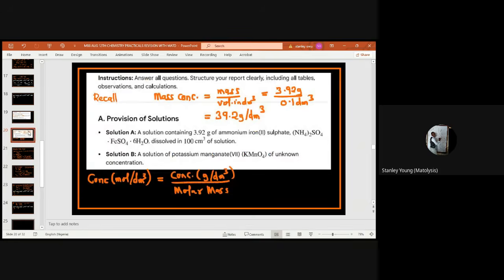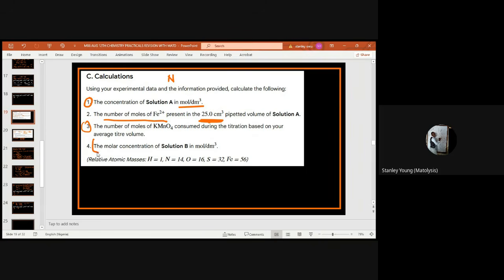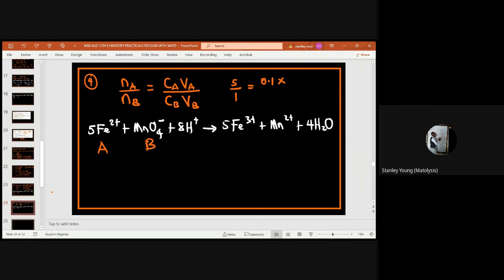Or you can go back to the question. Yeah, volume of A was the volume of the pipette. This was 25, it is here. The reason why you may have a little flip in your head is because this particular problem intentionally made B the acid and A the base.